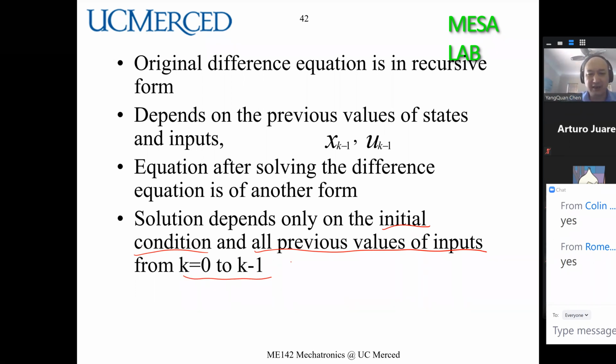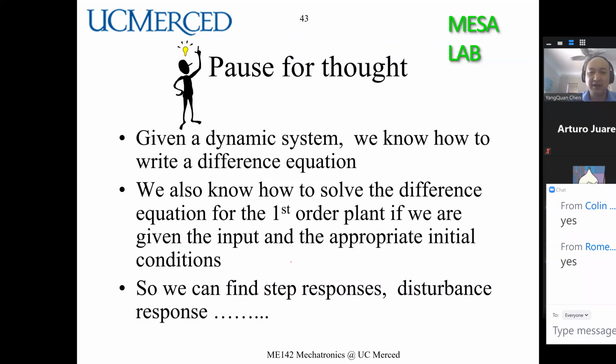So that is a very important observation. In this case, given a dynamic system, we write the difference equation. We can also solve this difference equation using a recursive form. If you are given appropriate initial conditions, we can get a step response, disturbance response, and so on and so forth.